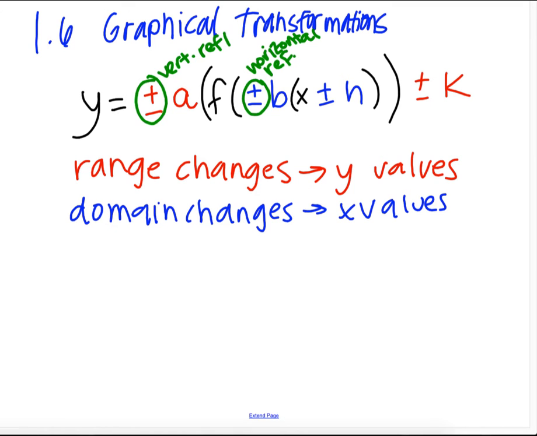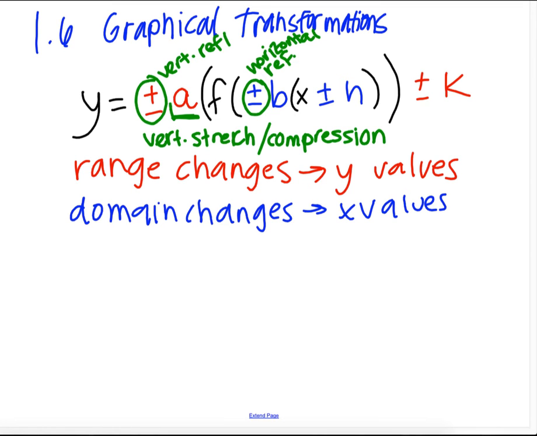You can call those flips. The number on the outside of your function, out in front of it, is going to affect your y values, so they're going to be a vertical stretch or compression, depending on if it's in between 0 and 1 or bigger than 1.